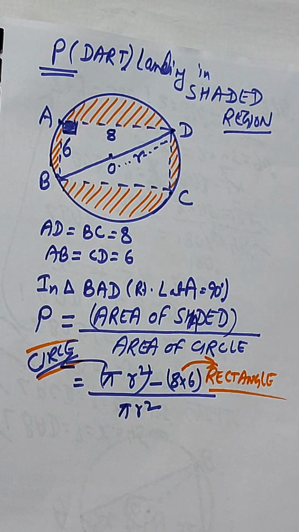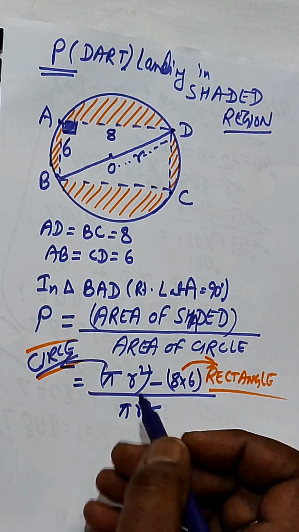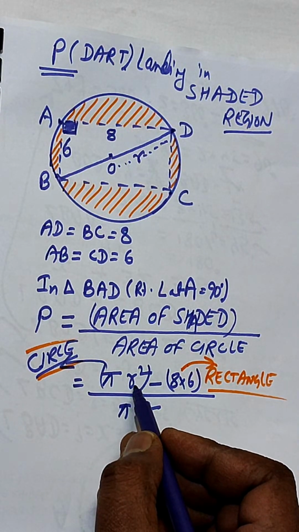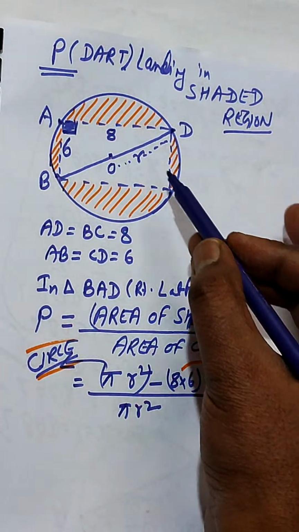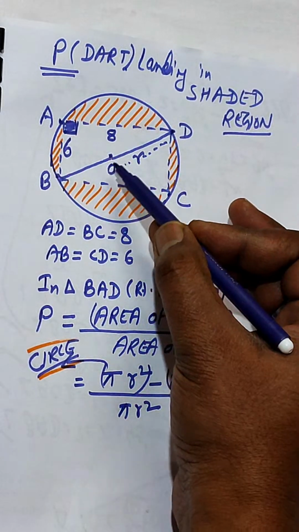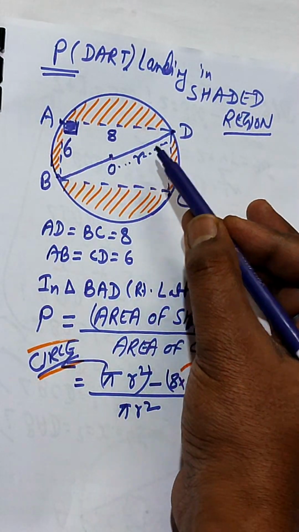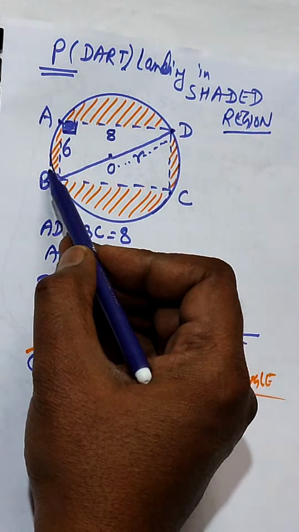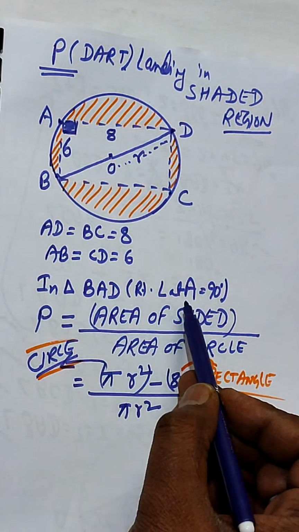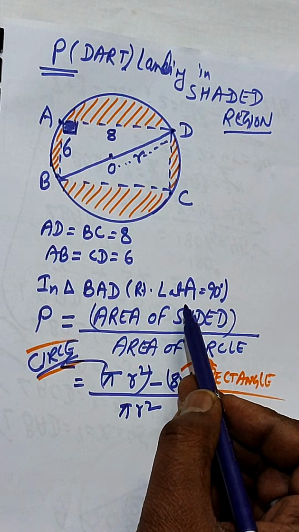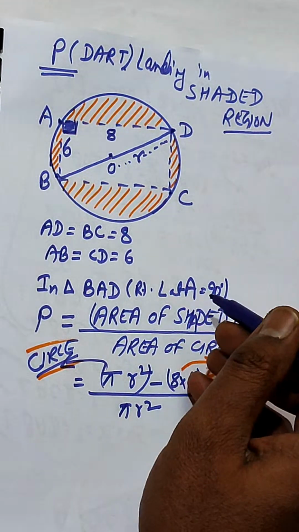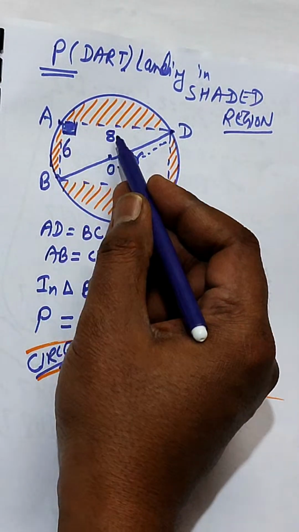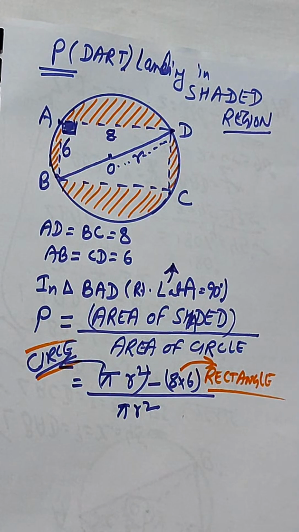Now, the pi r square value cannot be calculated over here because we are not knowing the value of r. That r need to be found. So in triangle BAD, can we say that 6 square plus 8 square equal to BD square.